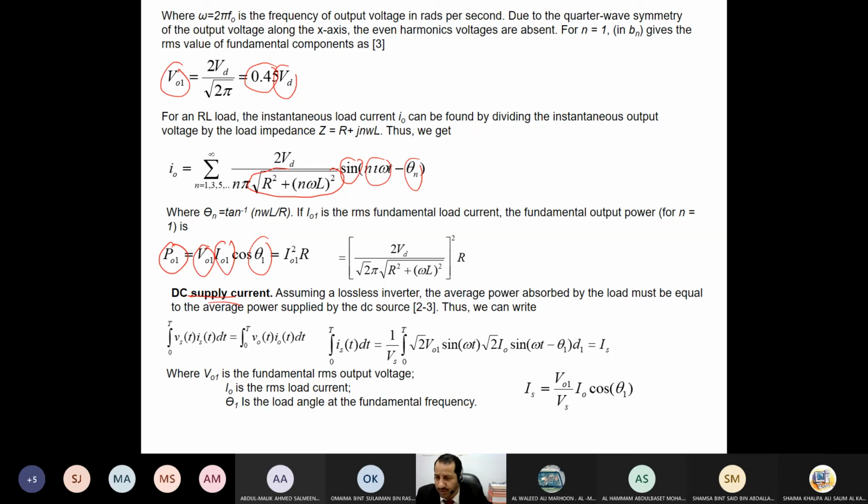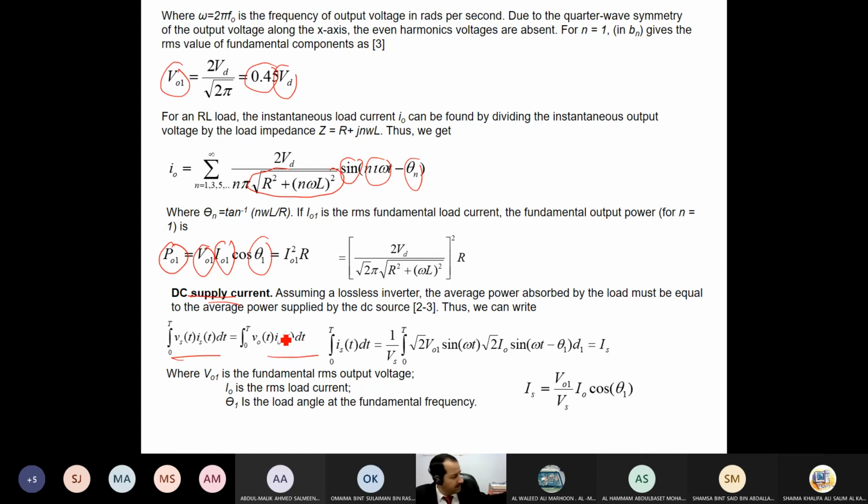And we want to make sure that we don't inject harmonics back into the supply, because other loads connected to the same supply may be hurt. We need to focus on this. So if we assume that my circuit is lossless, input power equals output power, V input times I input equals V output times I output.